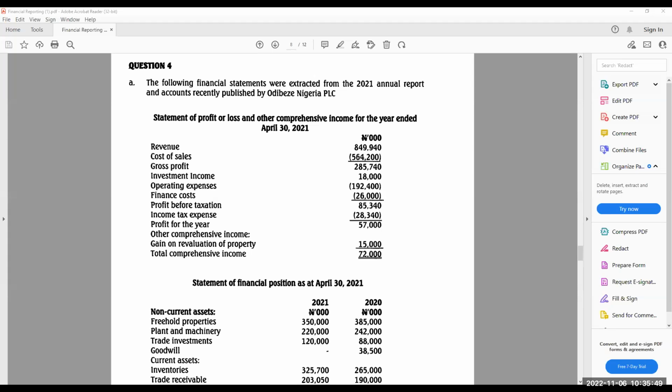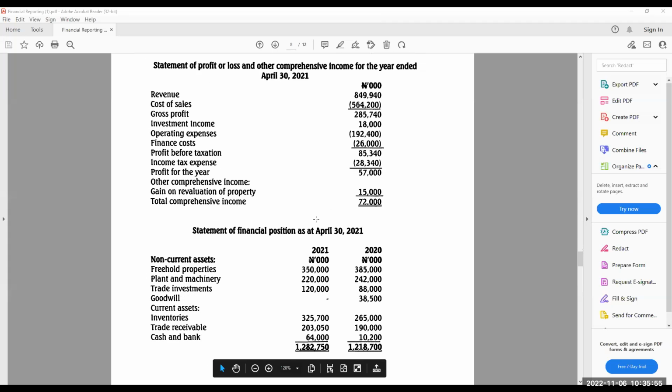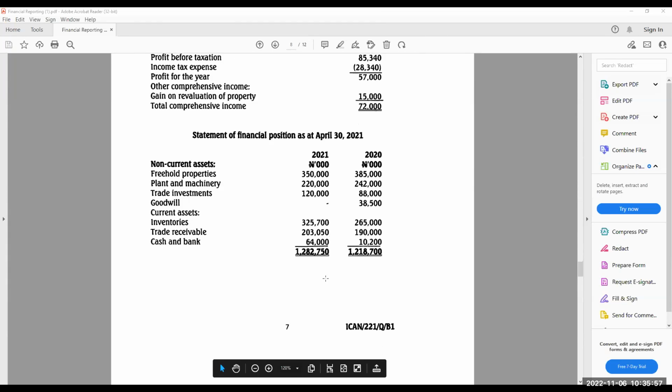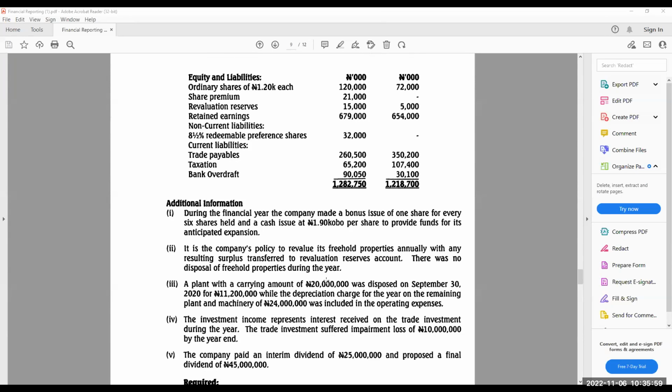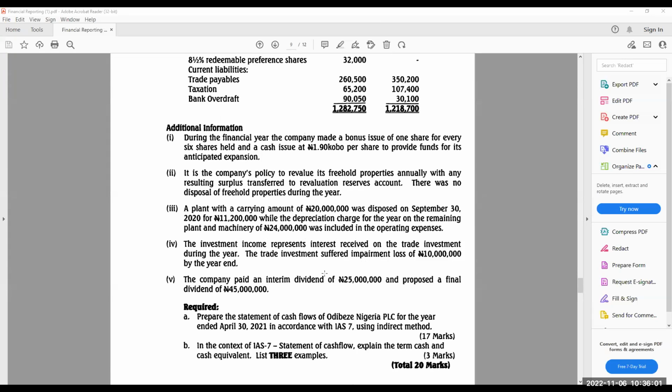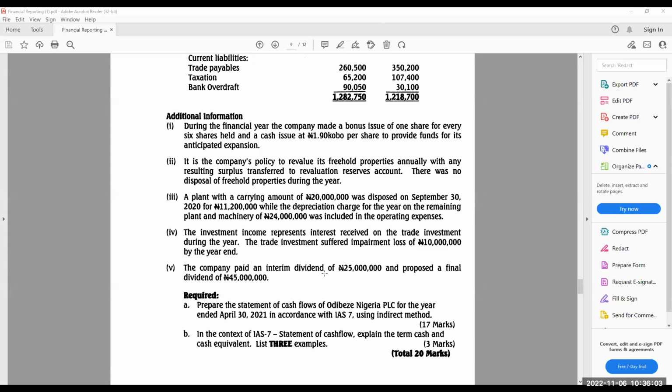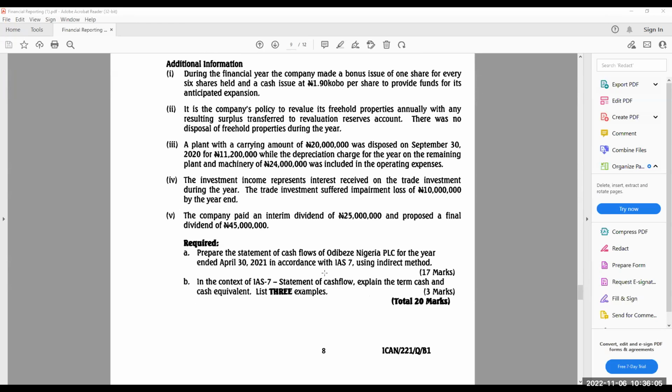1. During the financial year, the company made a bonus issue of 1 share for every 6 shares held and a cash issue at 1 naira 90 kobo per share to provide funds for its anticipated expansion. 2. It is the company's policy to revalue its freehold properties annually with any resulting surplus transferred to revaluation reserves account.